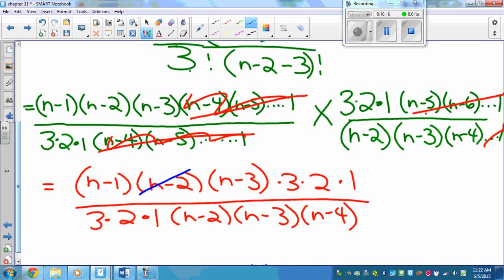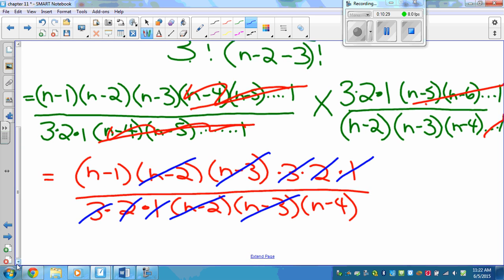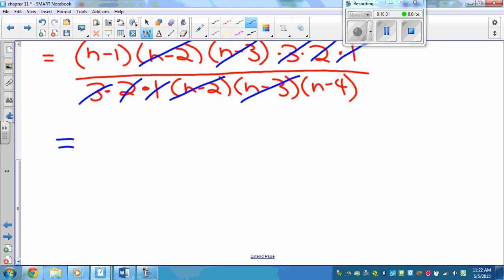Here I have an n minus 2, an n minus 3. Here I have a 3, a 2, and a 1. So really, all I am left with is n minus 1 over n minus 4. All of that algebra.